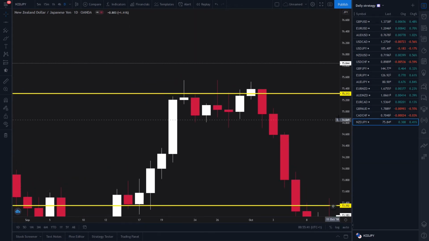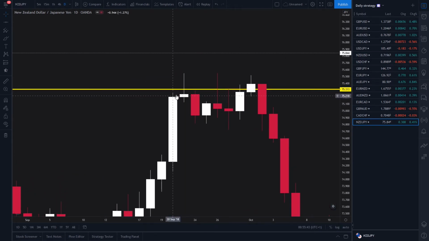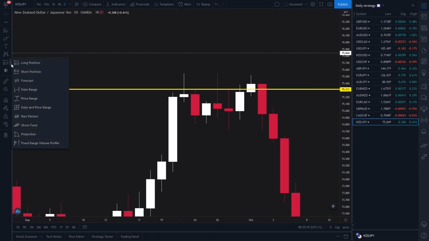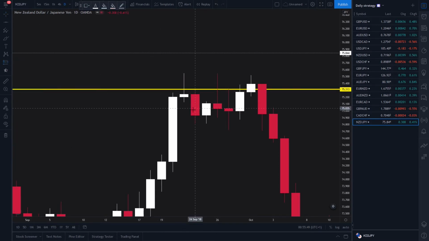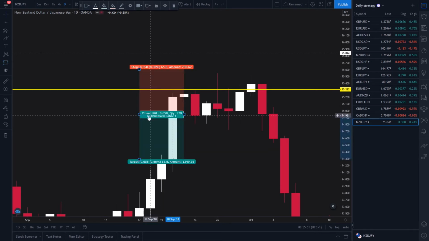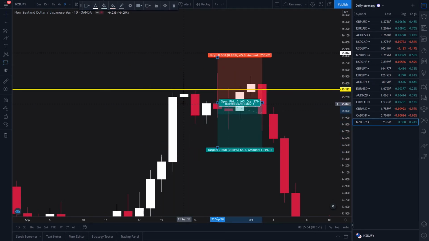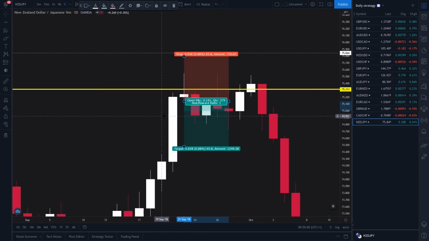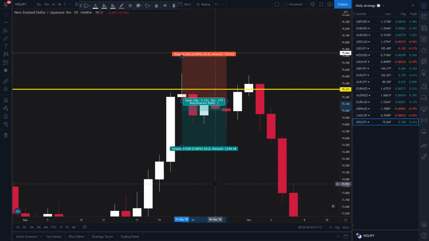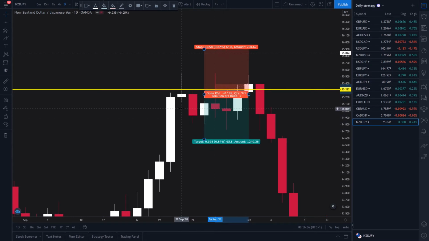After you see an indecision candle on this level, you can go for a short position and put the entry on the lower wick of the indecision candle. I'm going to zoom in a little bit. Okay, it's not going to work.